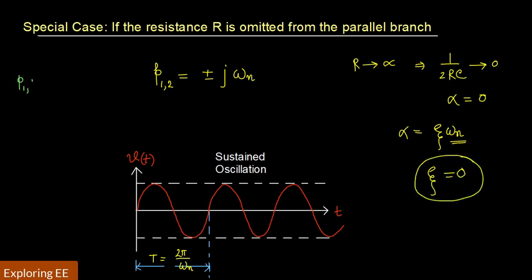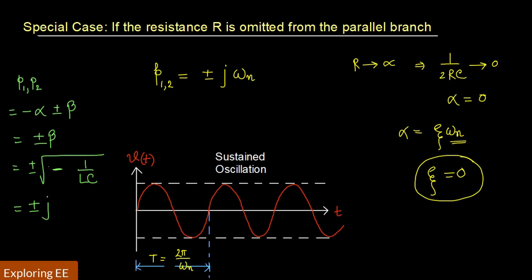The roots of the characteristic equation can be written in this form: minus alpha plus minus beta. Alpha is 0, so plus minus beta. Beta is what? Plus minus under root 1 by 2 RC whole square, that is 0, minus 1 upon LC. So we can write it down, plus minus j times omega n, where j is root over minus 1. The roots are complex conjugate and also purely imaginary.